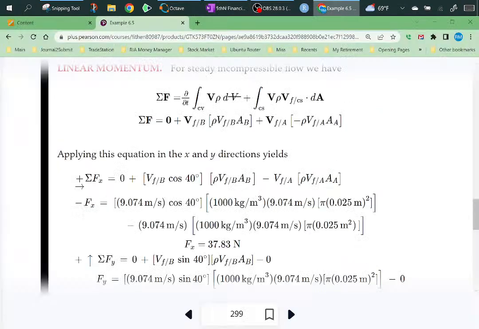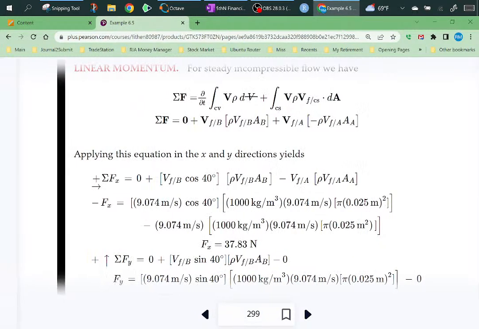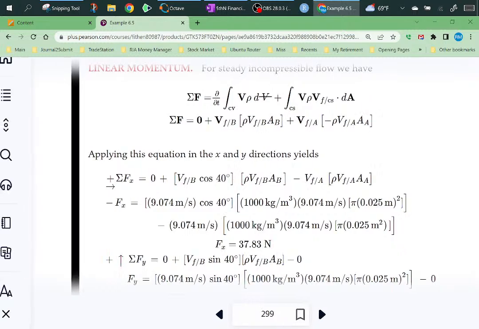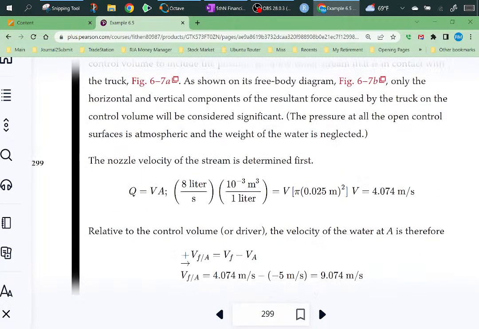So this is the component of the velocity, and this is the m dot, 1,000 kilograms per meter cubed, times the 9 point whatever, times the area. He's assuming the jet is circular, with 0.025 meters in radius.